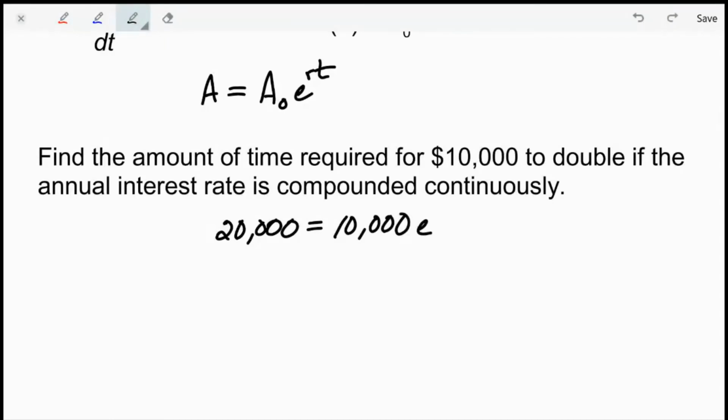So I'm going to assume that the rate is the same as the previous part of this problem. So we're going to say it's a 6% interest rate times t. And then from there, we can solve for t. So t would be about 11.55 years. So it takes approximately 11 and a half years to double your money at a 6% interest rate if your interest is compounding continuously.